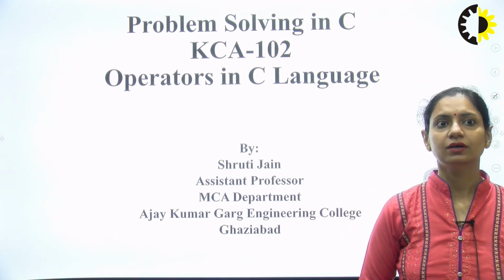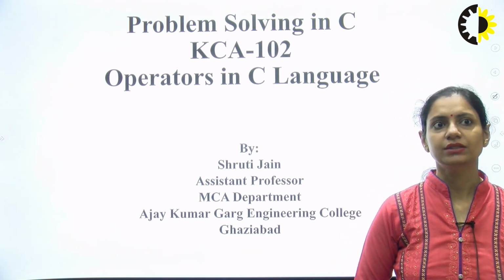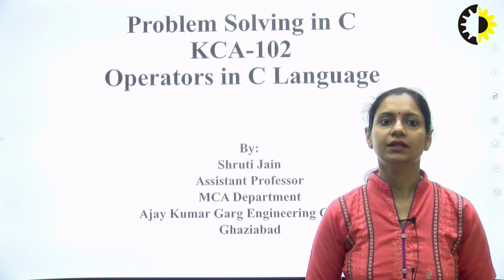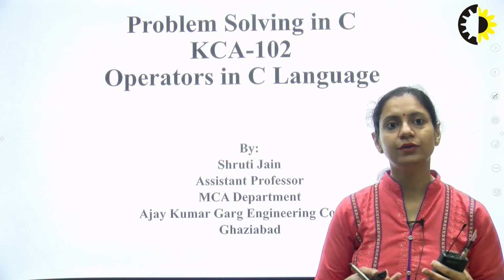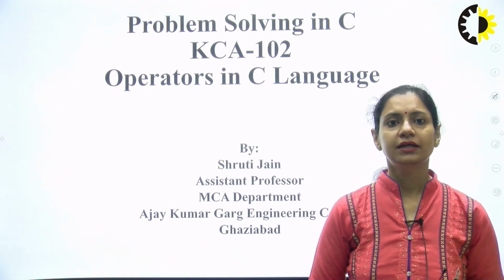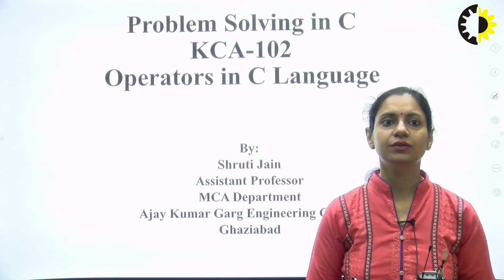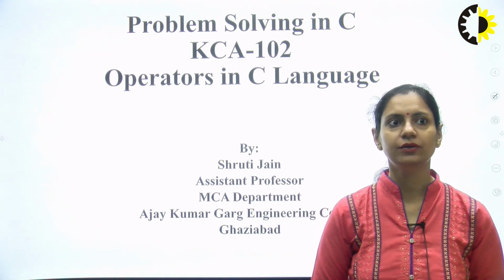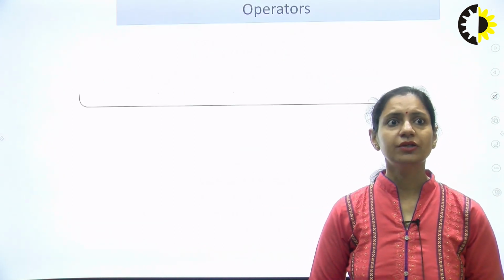When we are talking about any programming language, we have some operators that are to be used in the language so that while we are doing the programming, the calculation becomes easy and we are able to perform different operations in the programs that we are writing.